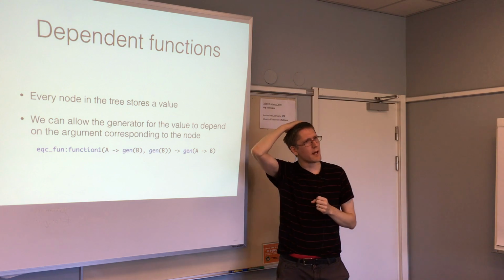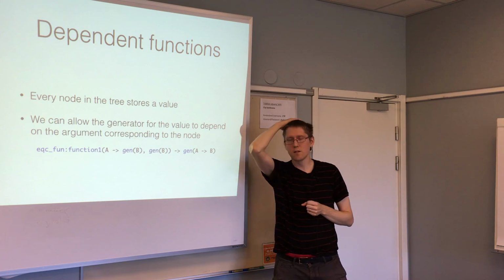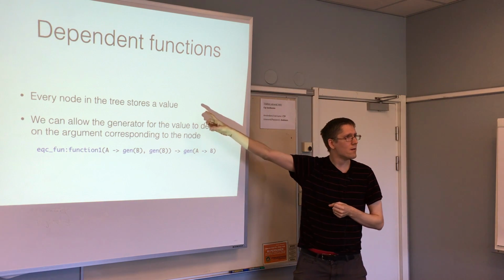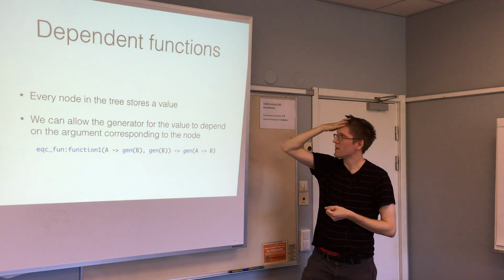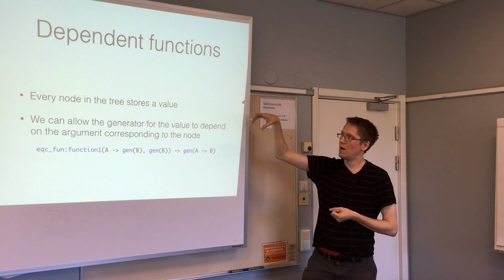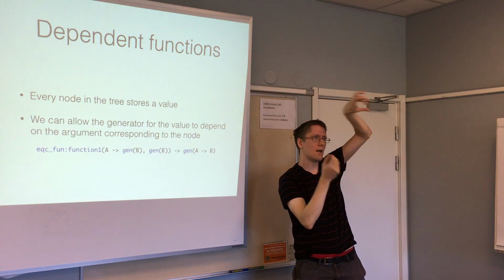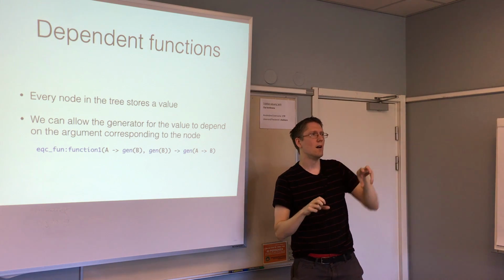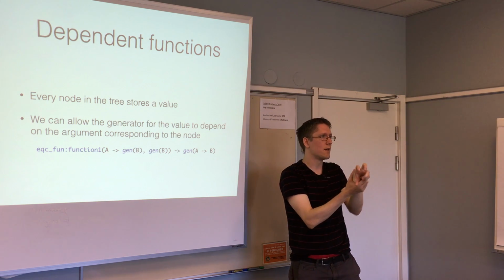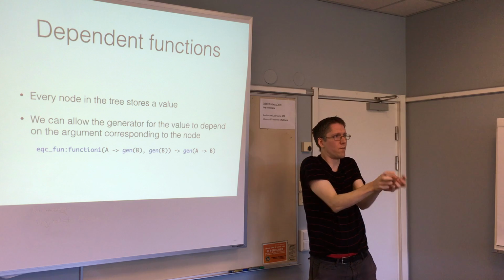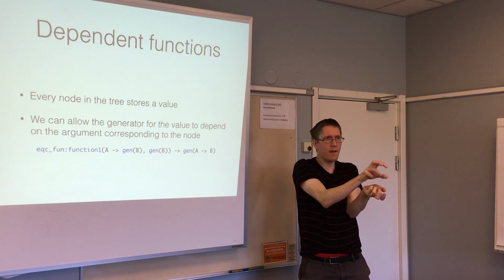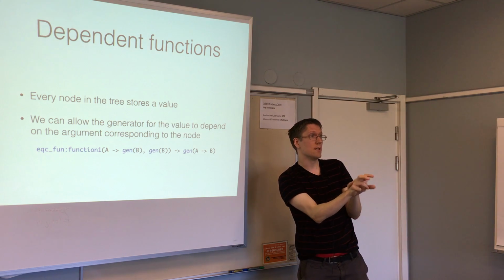Another nice thing about this, which I didn't think of at first, but which I realized when I'd implemented it: at every node in the tree, we use the generator you pass in to generate a value for that node. But in that position, we actually know what the argument is.